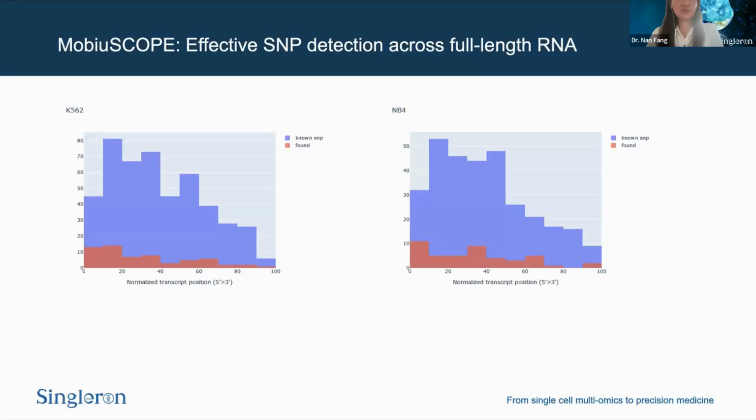So this would also make detection of expressed, for example, cancer-related mutations like driver mutations possible, or if we want to study allele-specific expression and do eQTL type of analysis, this makes MobiuSCOPE a quite powerful tool to do this kind of studies.